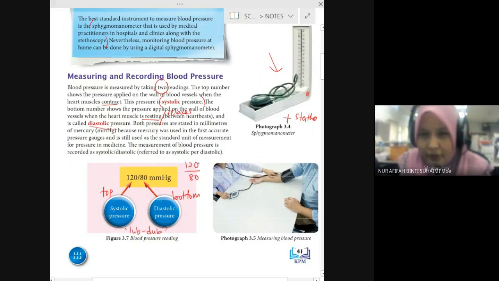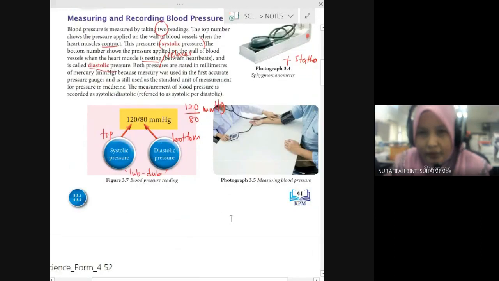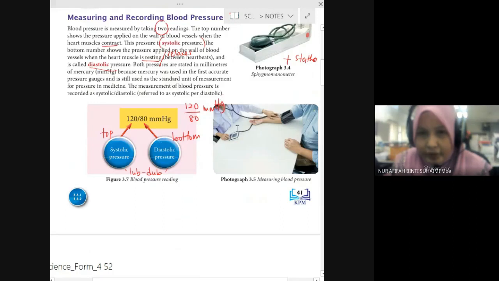Both of these two readings are measured in millimeter mercury. 120 millimeter mercury when your heart contracts, and 80 millimeter mercury when your heart is relaxed or resting. Understand now? You need to understand where the reading of systolic comes from and where the reading of diastolic comes from.